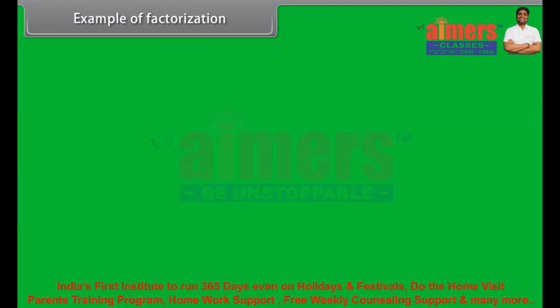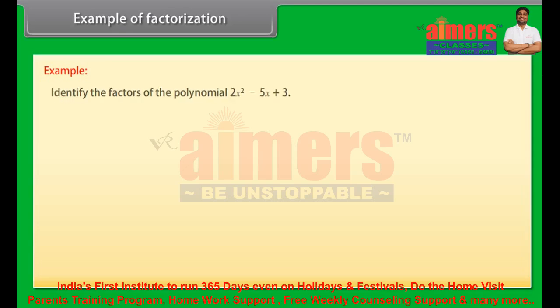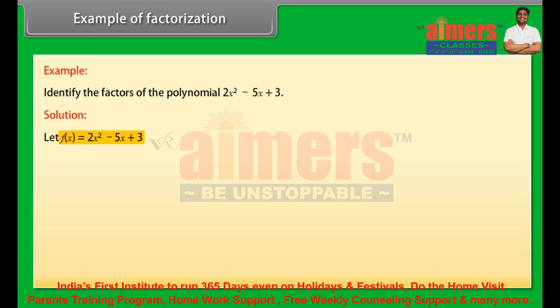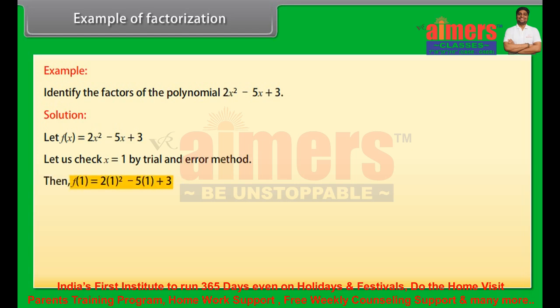Example of factorization. Example. Identify the factors of the polynomial 2x^2 - 5x + 3. Solution. Let f(x) be equal to 2x^2 - 5x + 3. Let us check x equal to 1 by trial and error method. Then f(1) is equal to 2 into 1^2 - 5 into 1 + 3, which is 2 - 5 + 3, which equals 0.